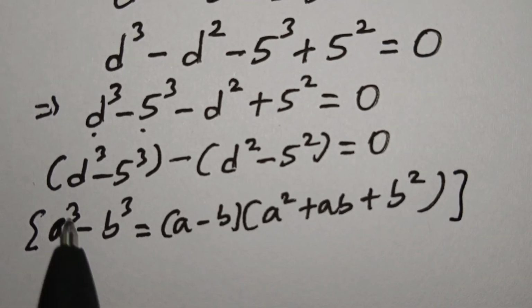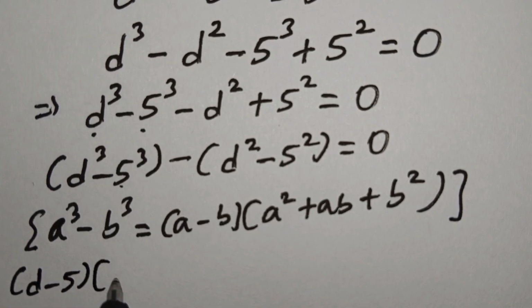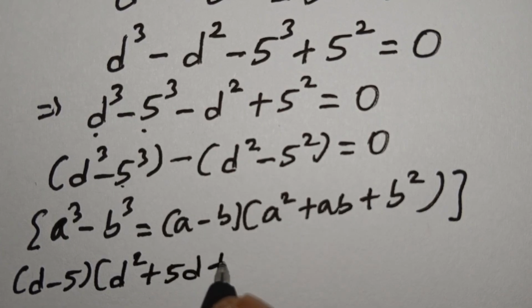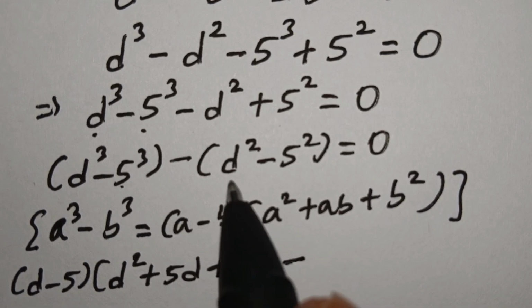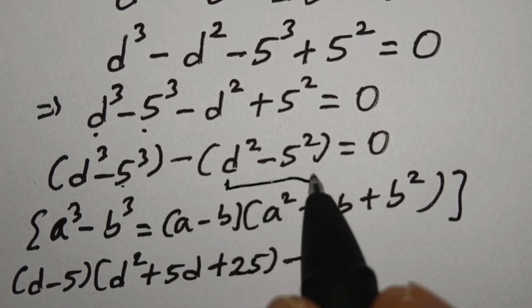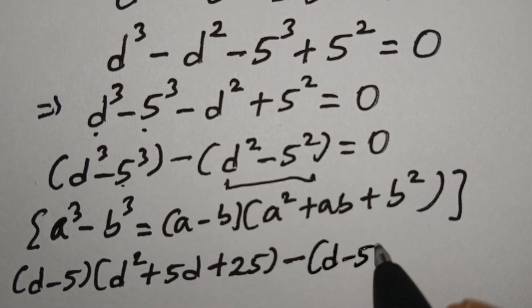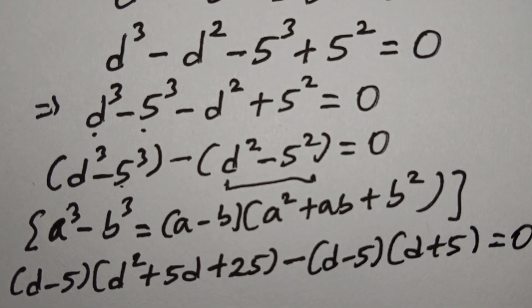Applying this identity to this, we have D minus 5 times D square plus 5D plus 25, minus D square minus 5 square, which is the difference of 2 squares. We can rewrite it as D minus 5 times D plus 5 equal to 0.